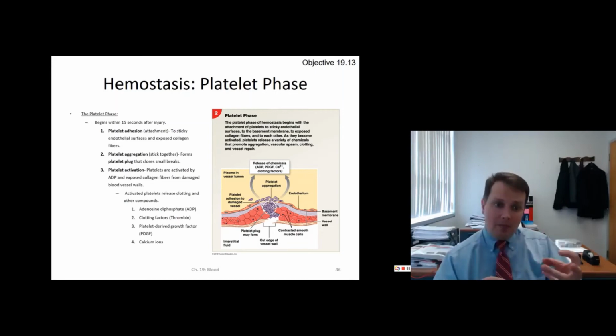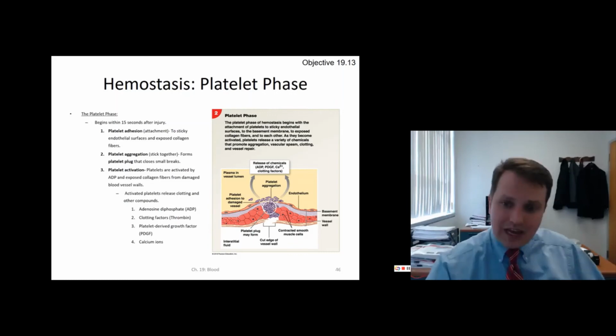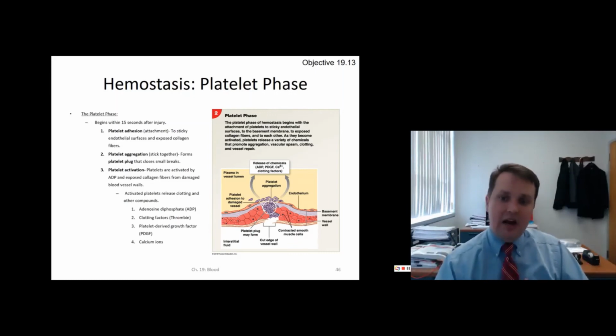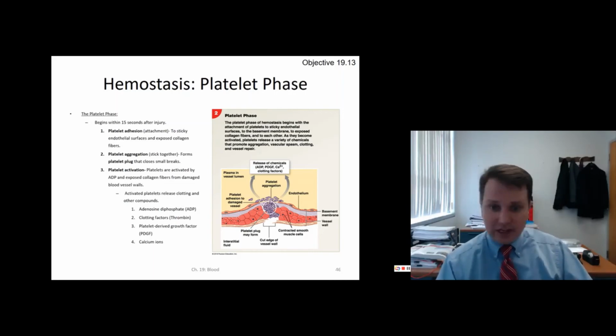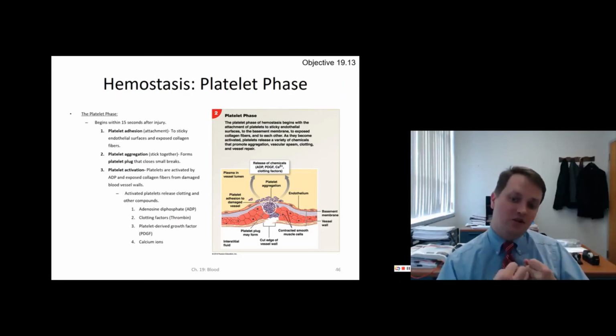Now, the platelets get activated by all these chemicals like ADP, platelet-derived growth factor, calcium released from other platelets, clotting factors, and serotonin, which can help cause the muscles to contract, because that's one of the things that an activated platelet releases. They release PDGF, calcium, clotting factors like thrombin, and ADP.